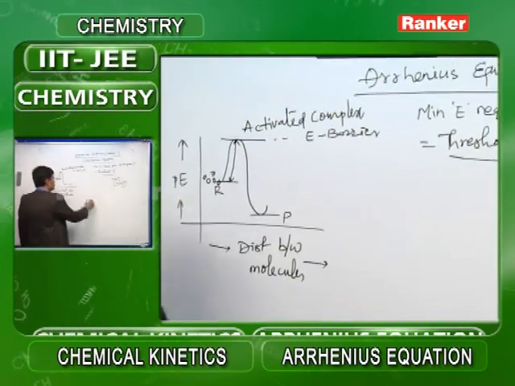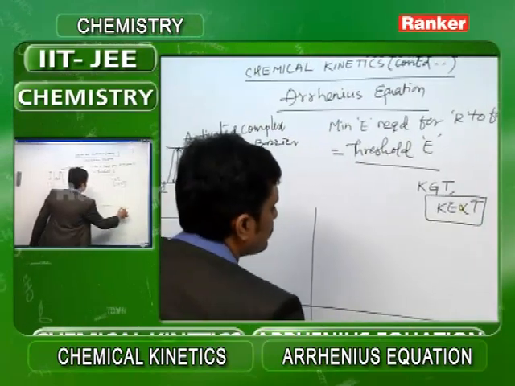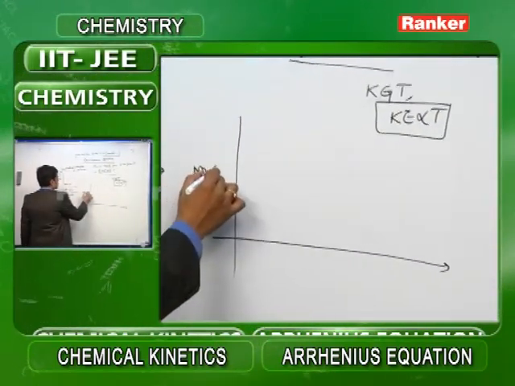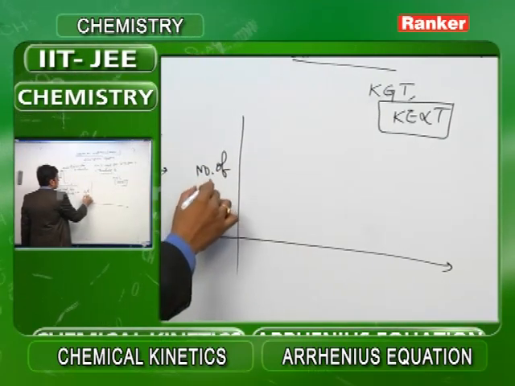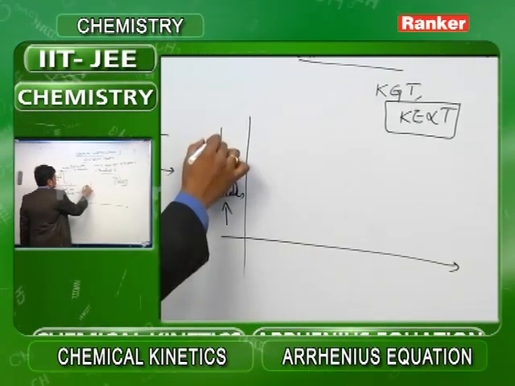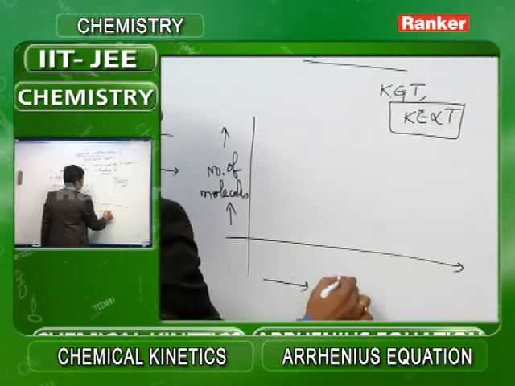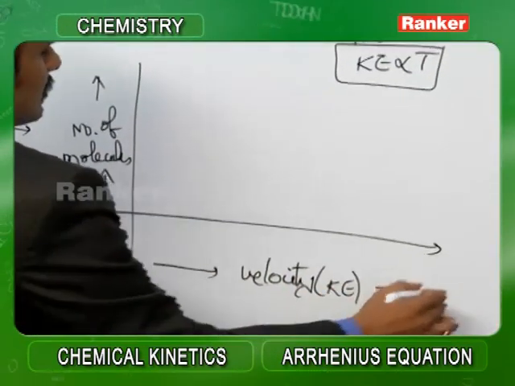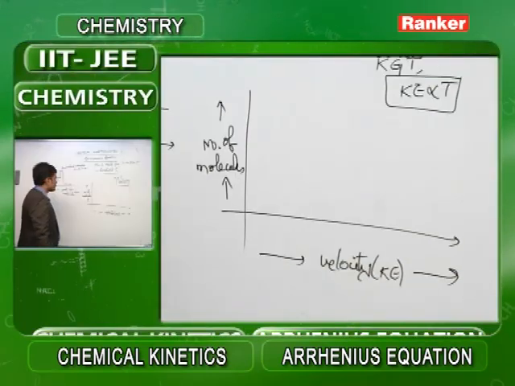From kinetic gas theory itself, when I take the number of molecules versus the velocity or kinetic energy on the x-axis, these are Maxwell distribution curves.